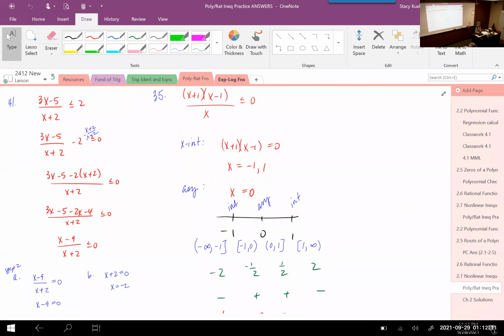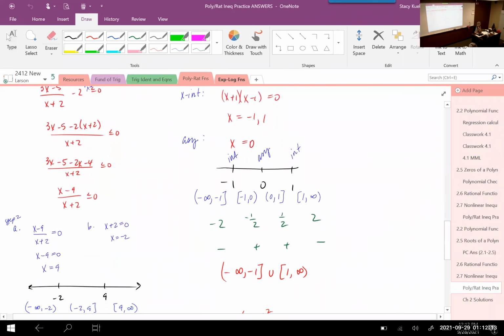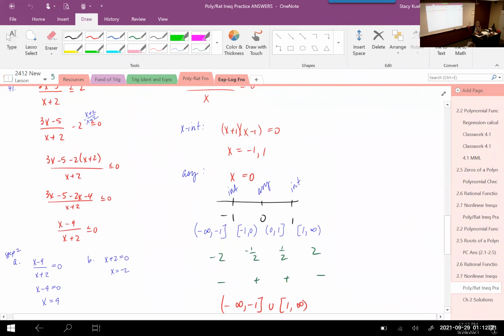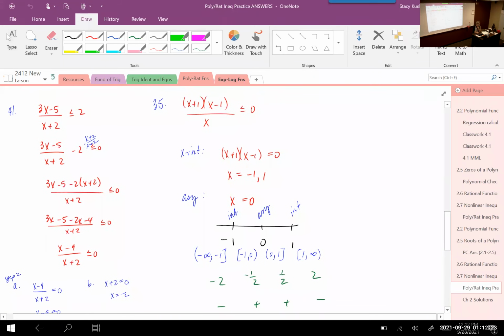So 41, here we're going from -2 to 9. Where'd you get x minus 9 from? So that was (3x minus 5) over (x plus 2) is less than or equal to 2. That was the one I was working on the left, right? Is everybody paying attention to the one on the left?